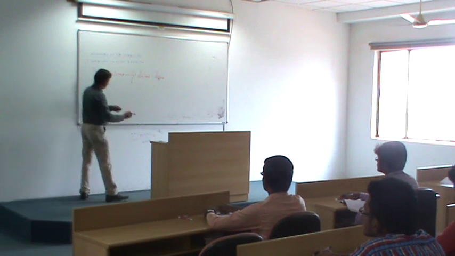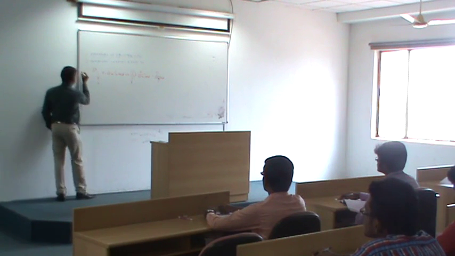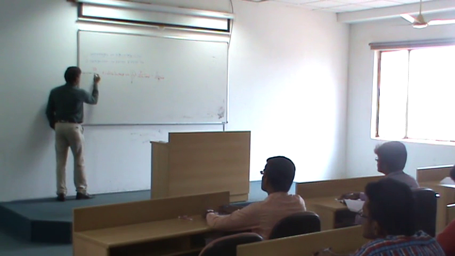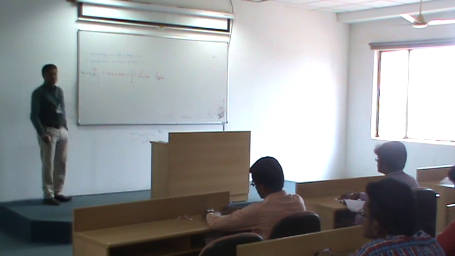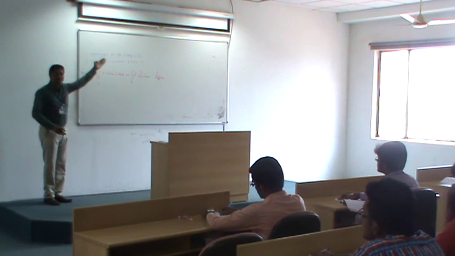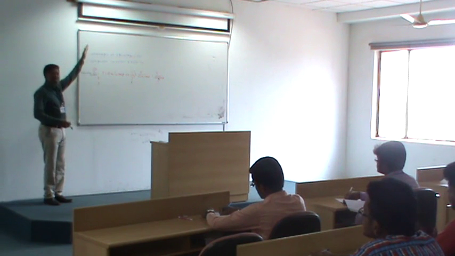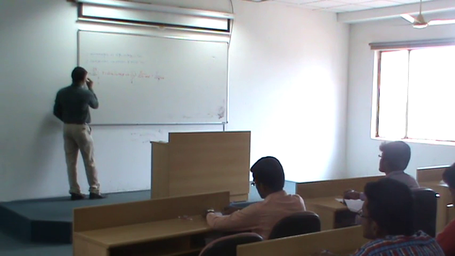So we come to the losses. First one is reduction of current. First point, the advantage of raising the voltage, that is having a high voltage in transmission, is reduction of current. And the second one is reduction of losses.